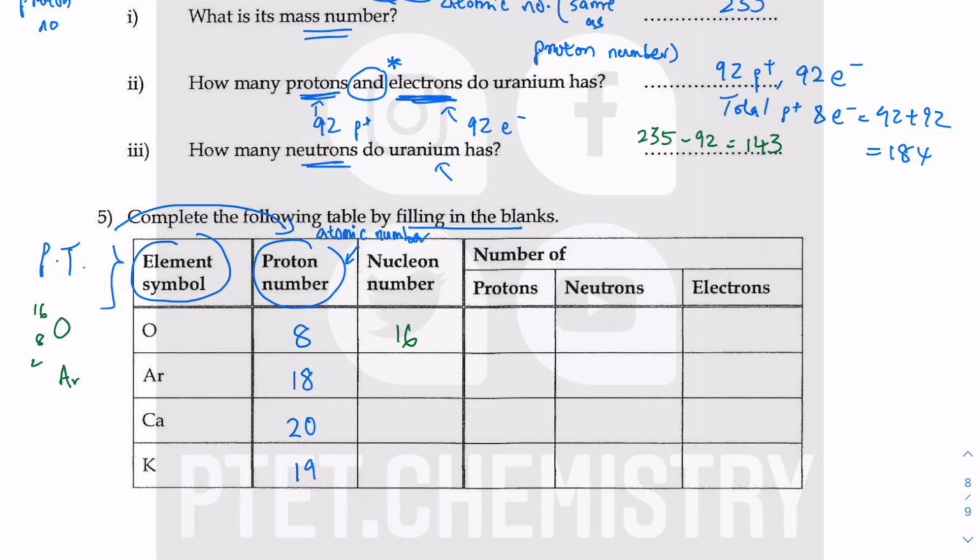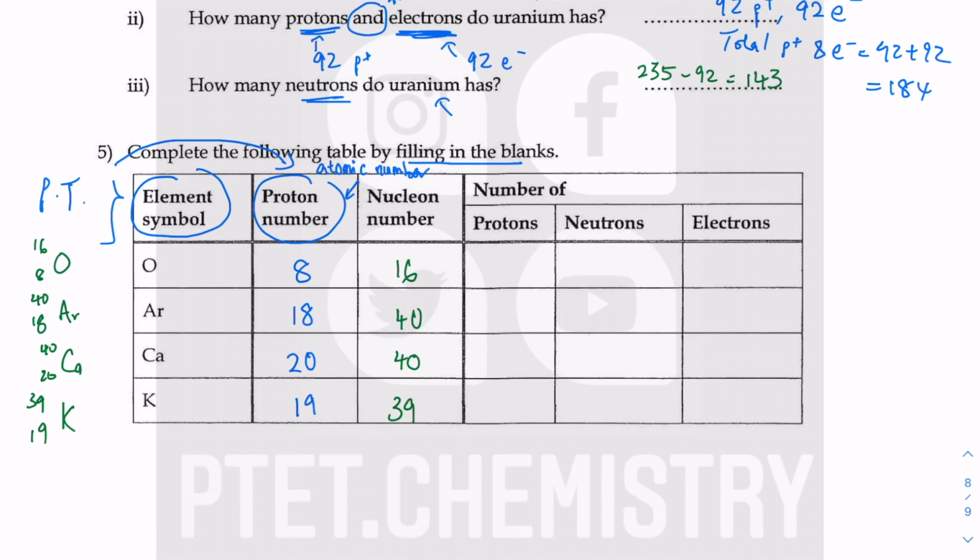So there is 40 and 18. Calcium will be 40 and 20, am I correct? Yep. So they both happen to have the same mass, but a different number of protons, all right? Potassium is 39 and 19, so you have 39 nucleons.